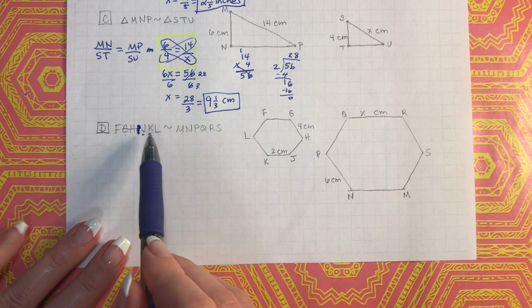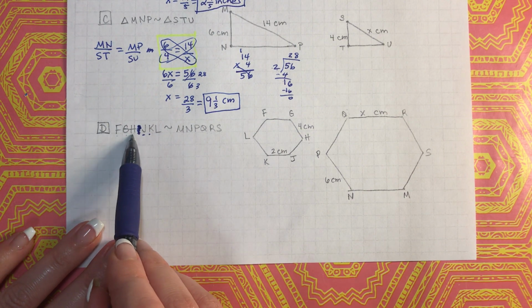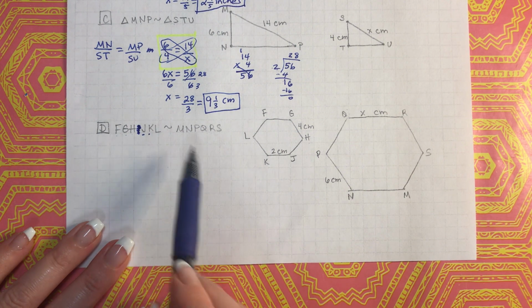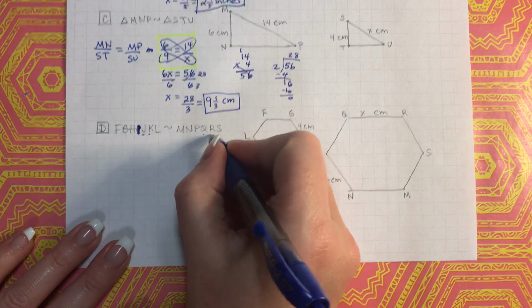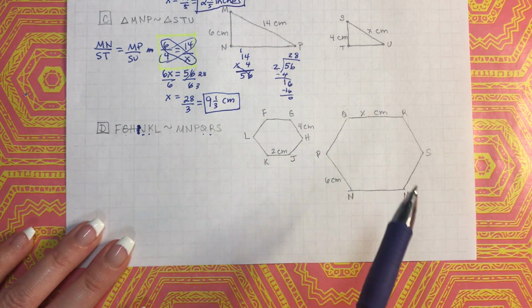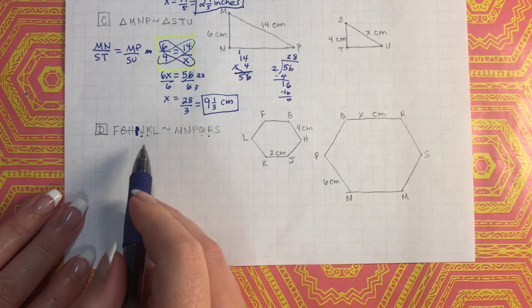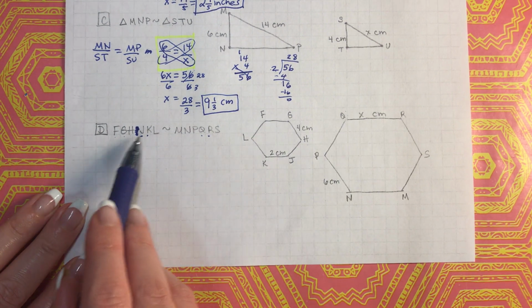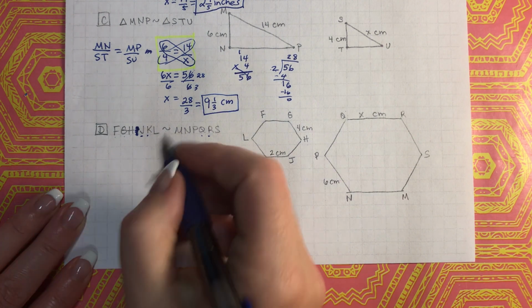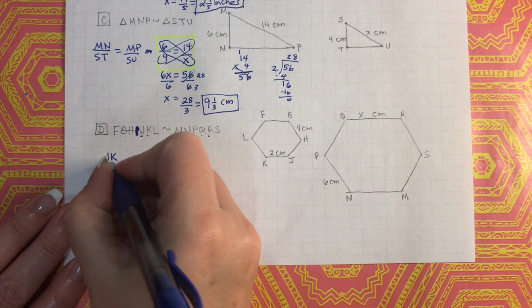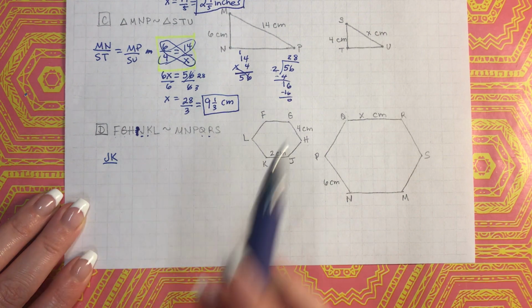KJ. KJ is the first, second, third, fourth, and fifth. So it's the fourth and fifth. So QR, do we have QR? We do, it's right there. So we're going to go JK over QR.